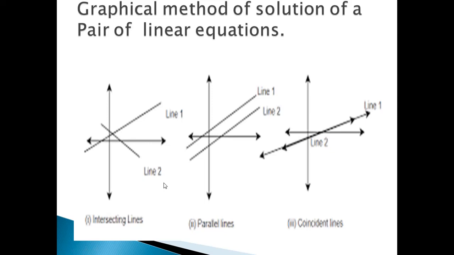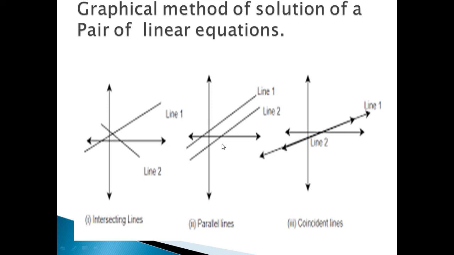Unique solution means two real numbers, one is the x value, another is the y value. We already know x plus y is equal to 6 and x minus y is equal to 2, and the value of x is 4 and the value of y is 2. While representing that type of equations, both lines are intersecting at a point. They are called the solutions for the linear equations.